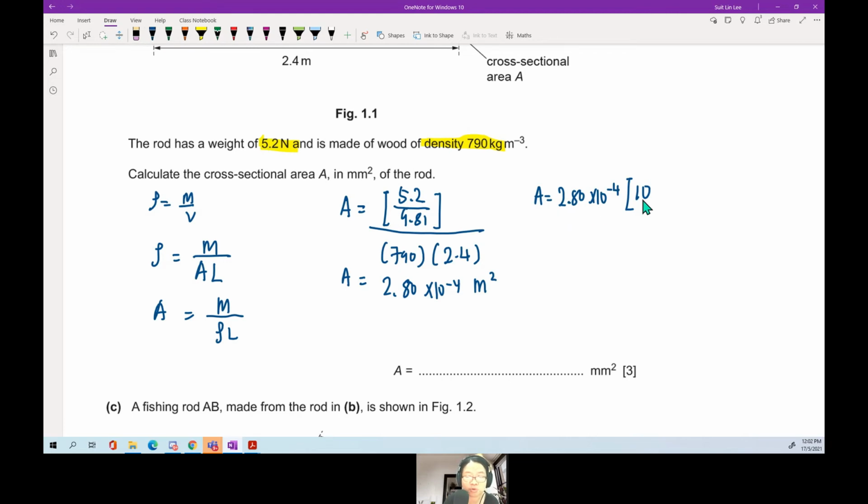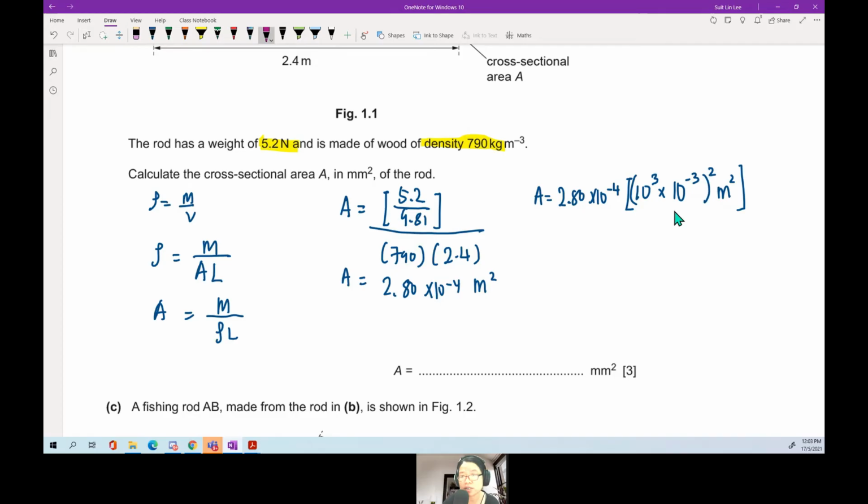Because you can't change this 2.8 times 10 to the power of -4. So 10 to the power of 3 times 10 to the power of -3, that way you have the milli here. And don't forget to square. Did I change the value? No. Write this if you always have problems deciding whether you should multiply or divide the prefix.